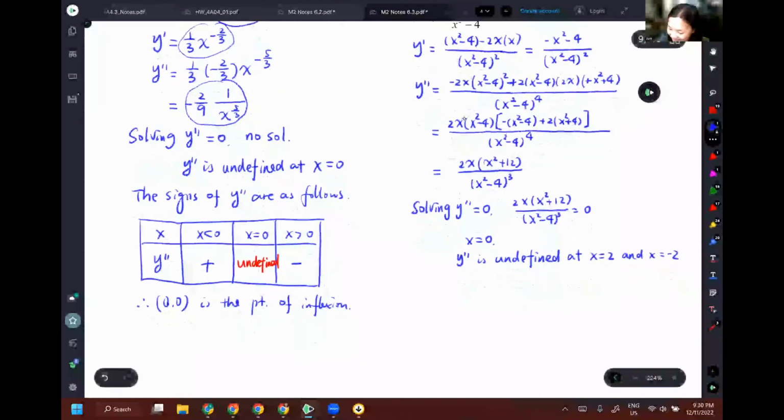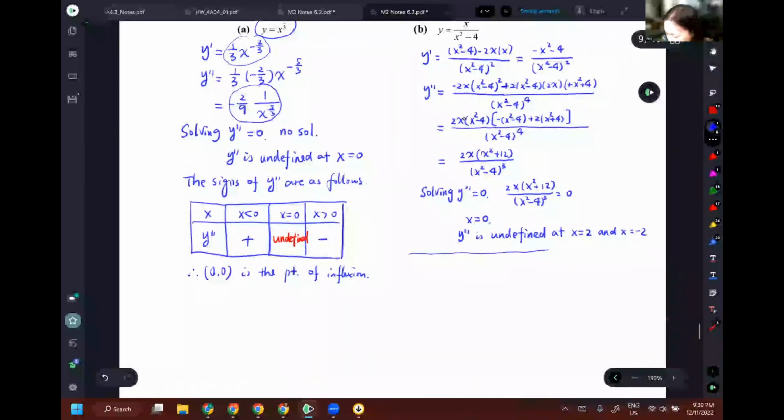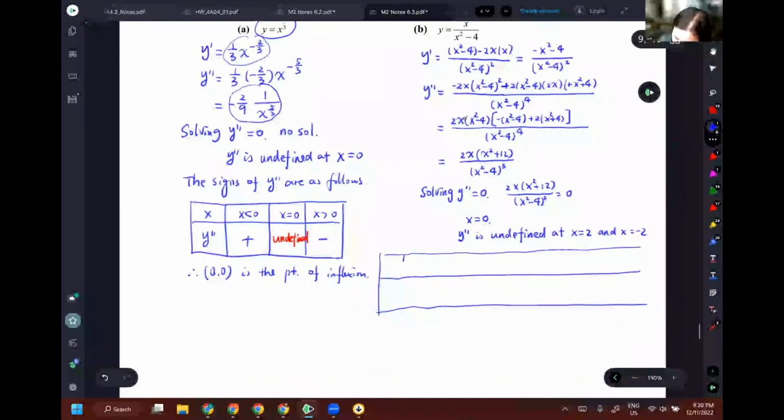Okay, and then my whole thing, very long. I will check the whole thing. X, y prime prime from x is smaller than negative 2, x equal to negative 2, from negative 2 to 0, x equals 0, x bigger than 0, smaller than 2, x equal to 2, and x is greater than 2.